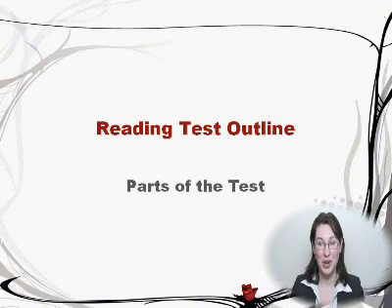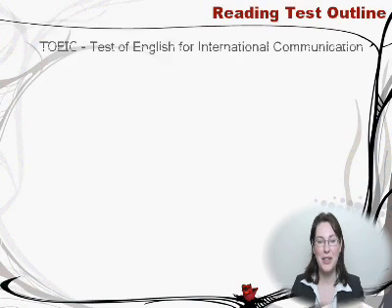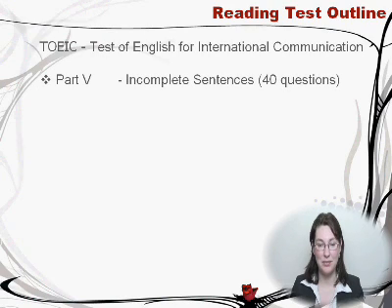The outline of the TOEIC reading test. There are 3 parts of the test. The TOEIC stands for Test of English for International Communication. The first part in the reading, part 5, is incomplete sentences, and there are 40 questions.